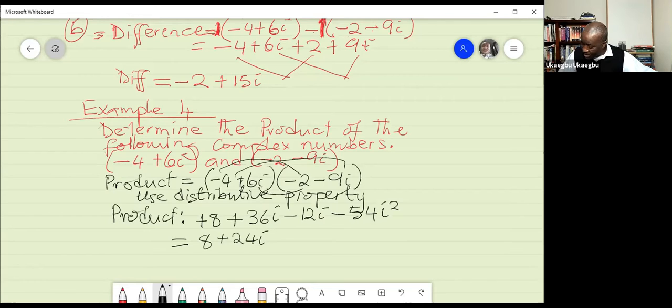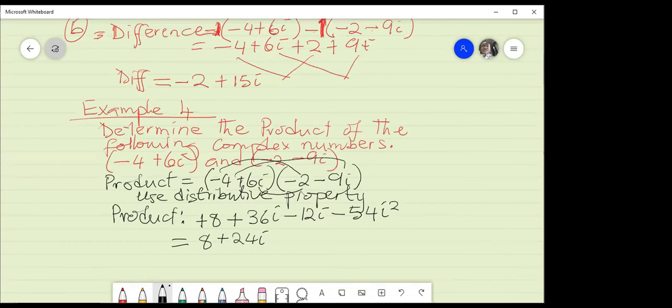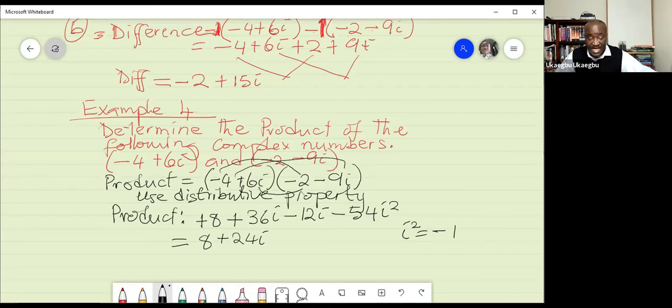Then on this one, i squared, the definition of i squared is, actually, the square root of -1 squared is equal to -1. So anytime you encounter an even number of i, it is negative. So i squared is -1.